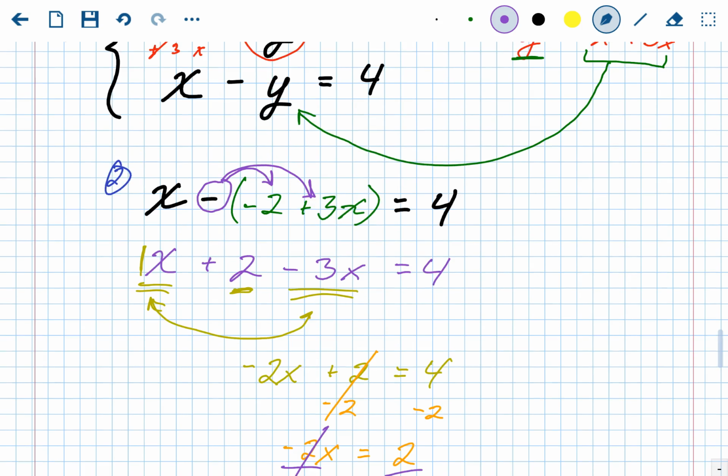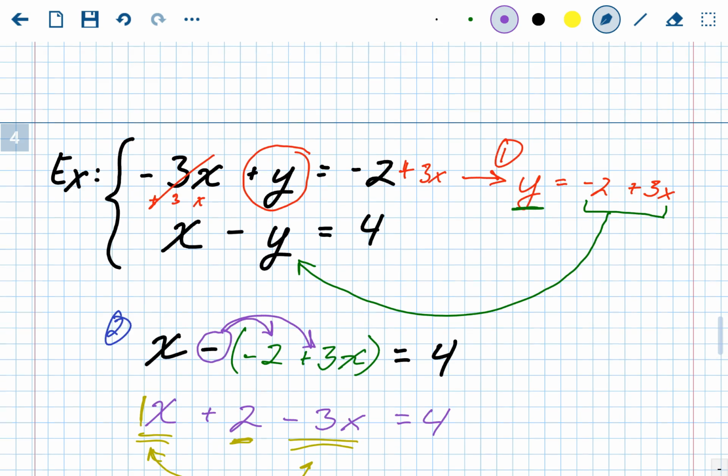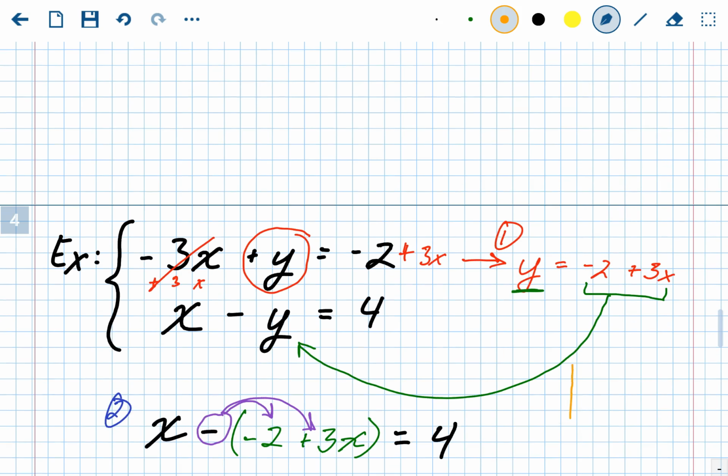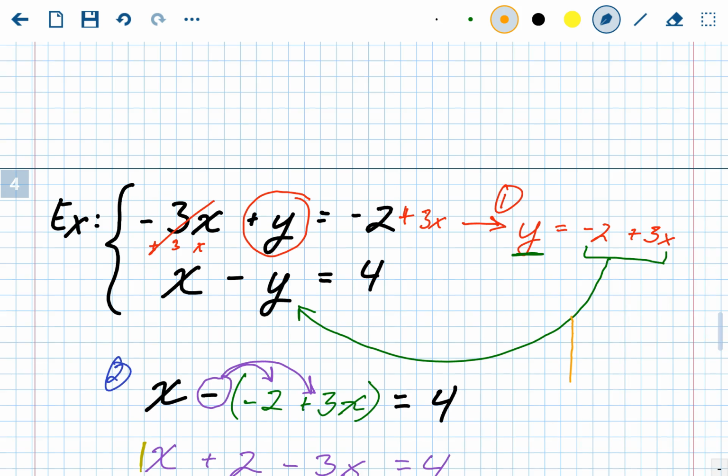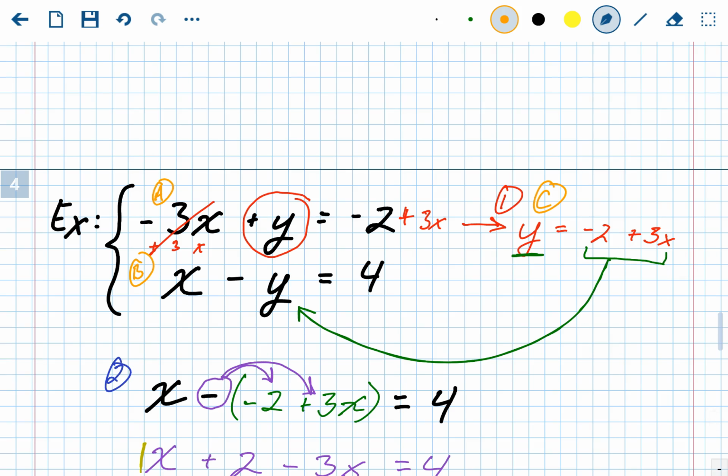If I know what x is, I can go back to any of these equations. So I have three options to choose from. Since I know x is negative 1, I could plug it in anywhere. You could plug it into the original top equation, option A, the original bottom equation, option B, or the new top equation, option C. Usually this is the one you want to use in substitution because you have to do the least amount of work.